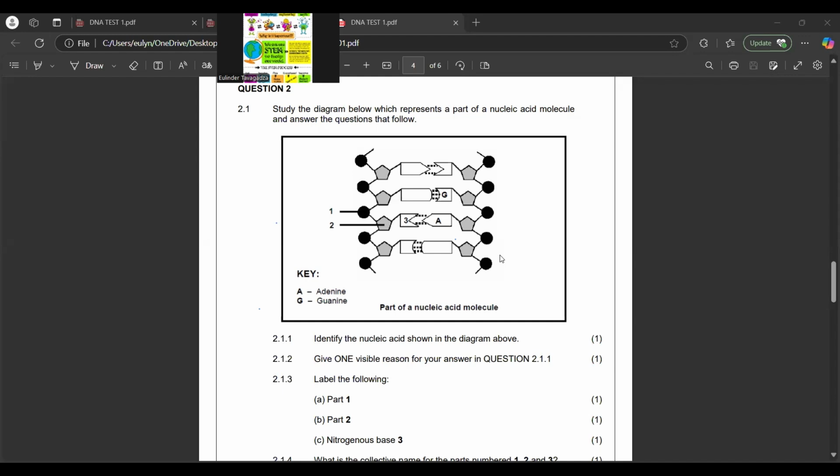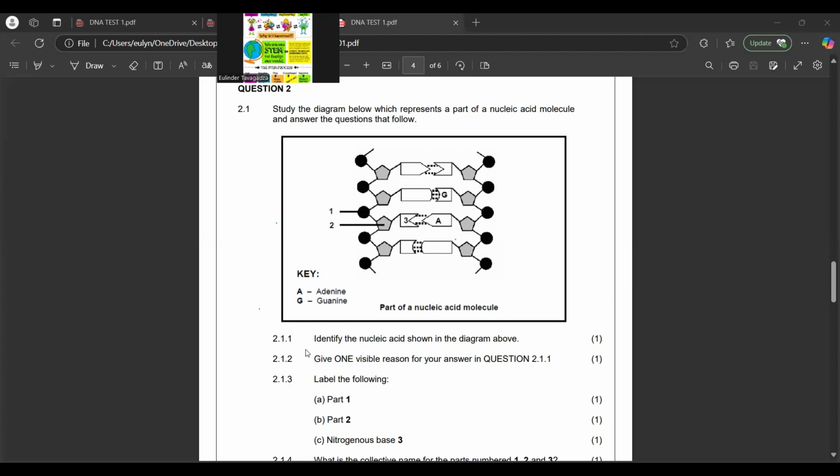The moment you see a diagram like this with the double stranded structure, you see there is a bond joining the nucleotides. Mind you, these are the nucleotides where we have the phosphate group, the sugar, and the nitrogenous base. So the moment you see a structure like this, you know definitely it's the DNA.